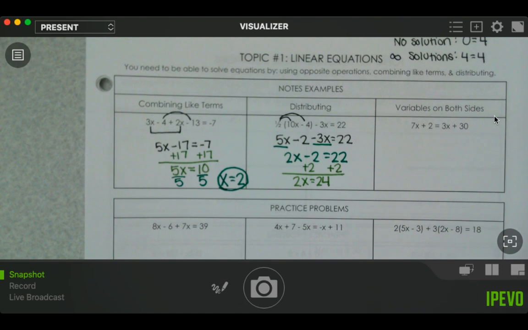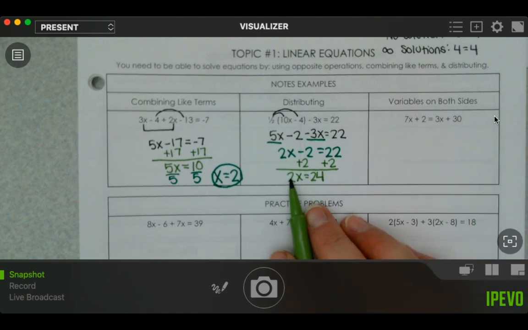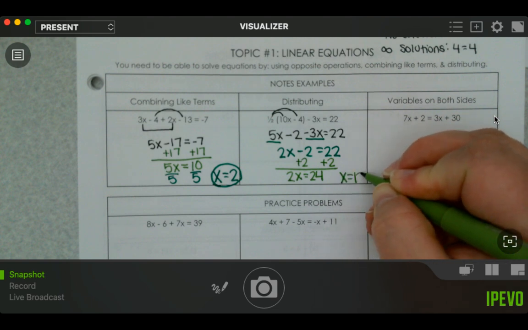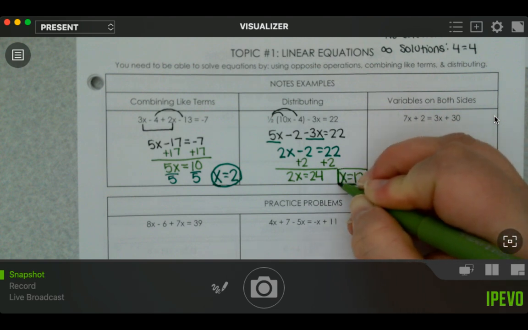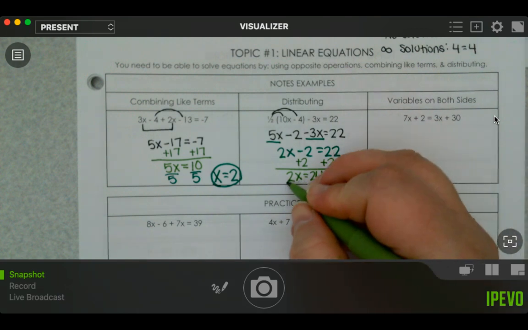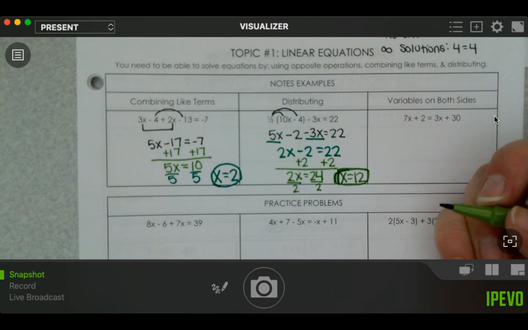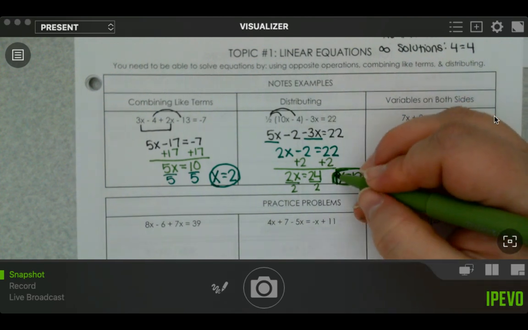And this is where some people will just ask themselves 2 times what is 24 and be like, oh, hey, that's 12. That's my answer. And some people will go ahead and divide by 2 on both sides, just to show all of their work. Okay.